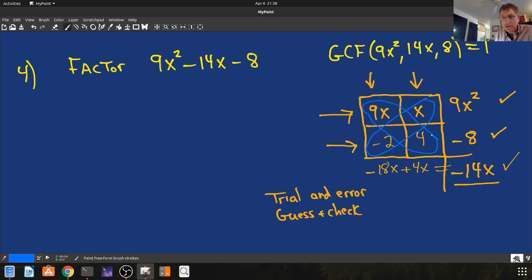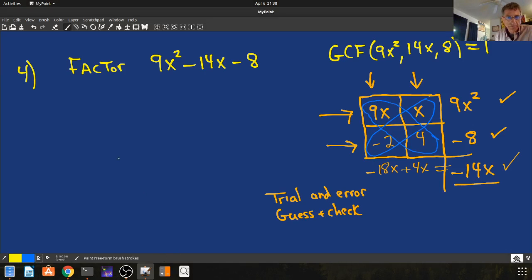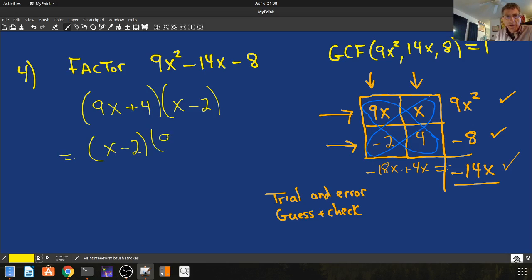And the factorization turns out to be 9x plus 4 times x minus 2. And it does not matter which order these are in. That's the same thing as x minus 2 times 9x plus 4. They're both the same.